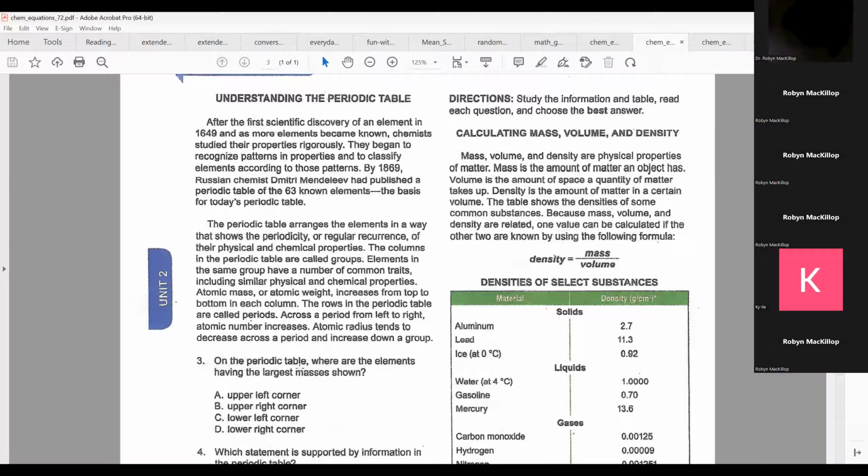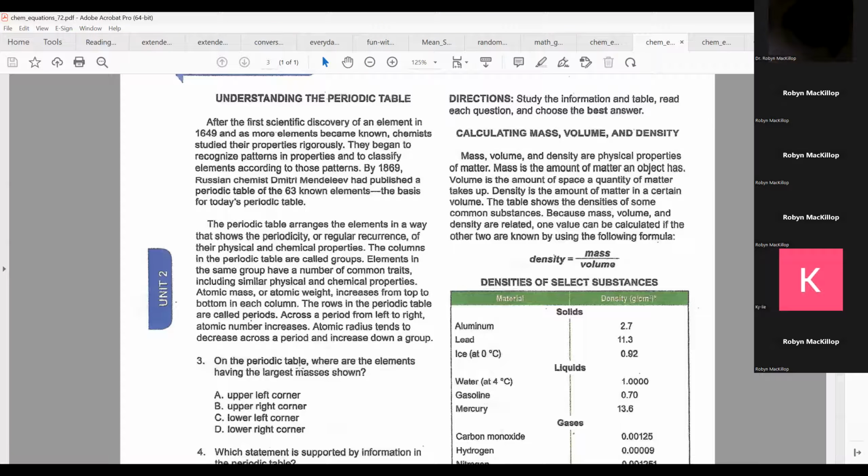Because really, all three questions rely totally on the periodic table and not on the writing. So that saves you having to read two big paragraphs. And you will be familiar enough with the periodic table that you can answer them without doing any of the reading.